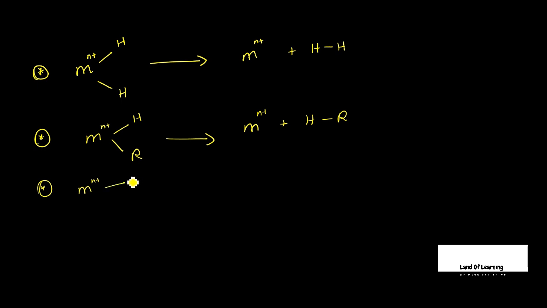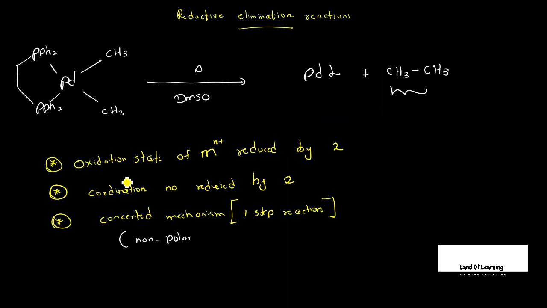These are the most common structures we have found in reductive elimination processes. So we have Mn plus, with two R groups bonded together. These are the main types, the main examples we are going to go with in reductive elimination. These are the main points you need to memorize or understand about the reductive elimination process.